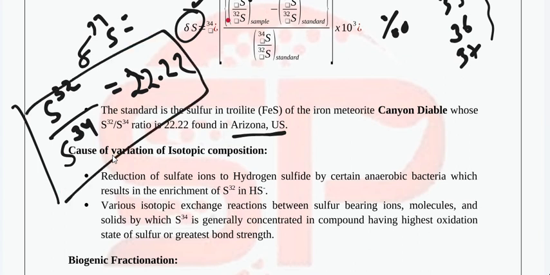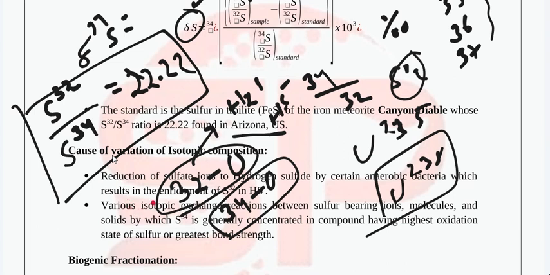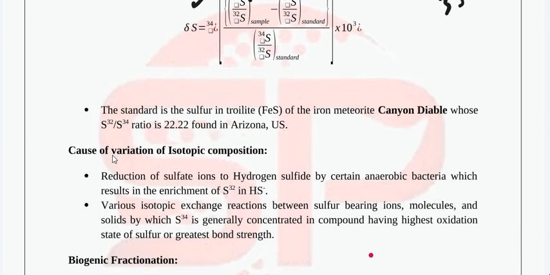But when we measure this, we measure 34 by 32. Sulfur 34 and 32 variation depends only on the bond strength.